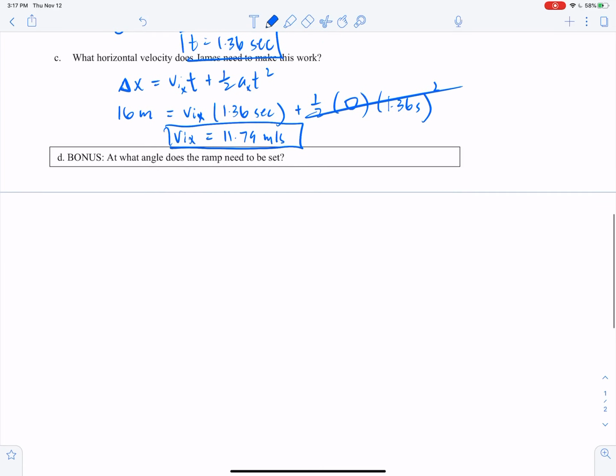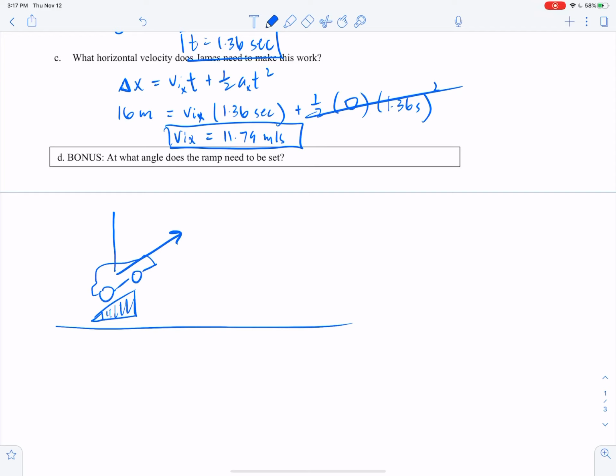So here's one way to think of it. We've got the car moving at this angle. It's going this way through the air, right? And here's the ramp, and here's the ground. And so we know this velocity, the vertical velocity, and we know this velocity, the horizontal velocity, and we can use those to find the angle.